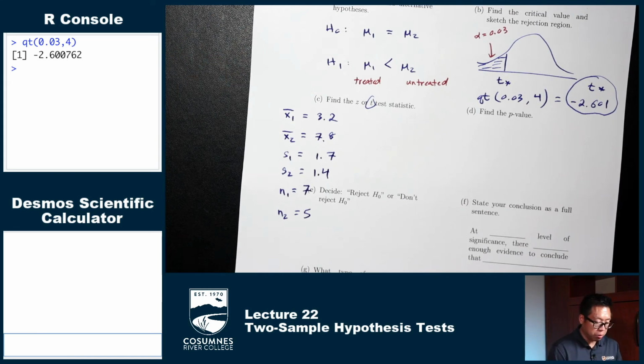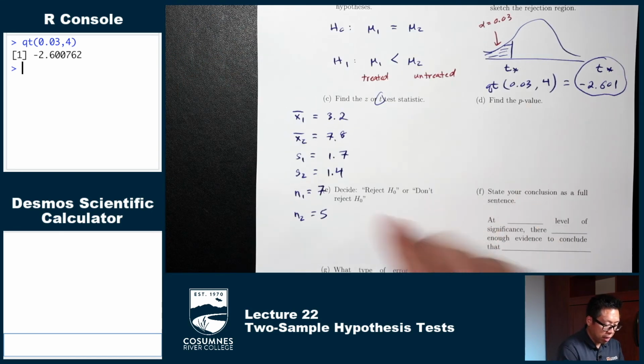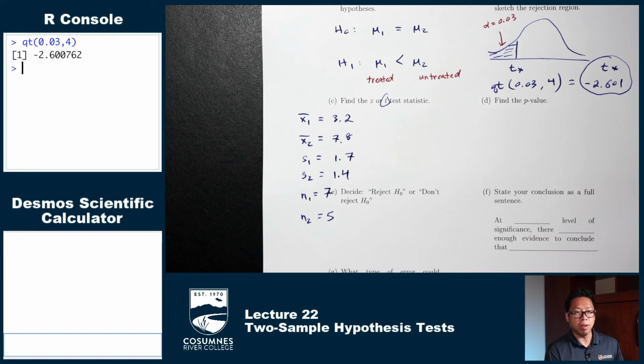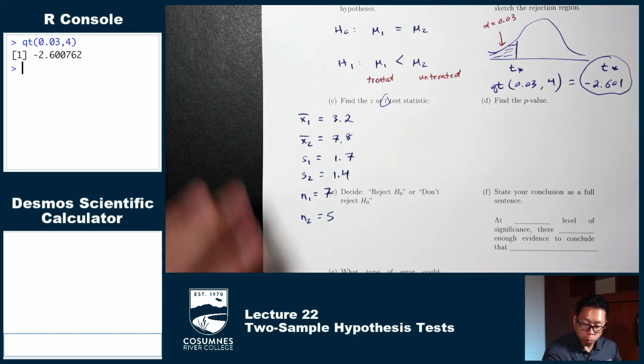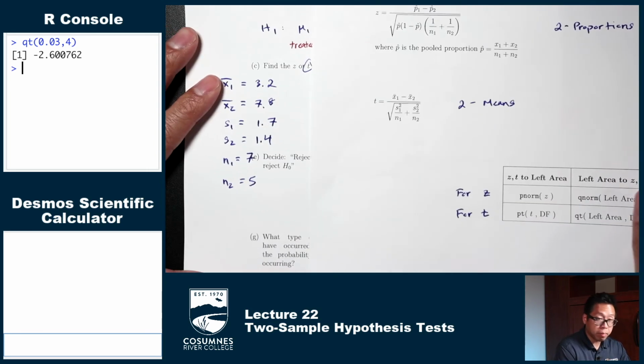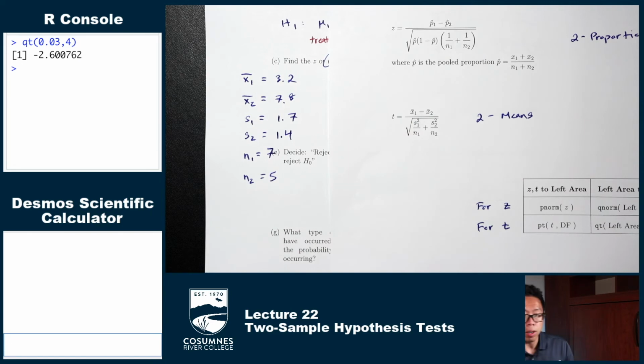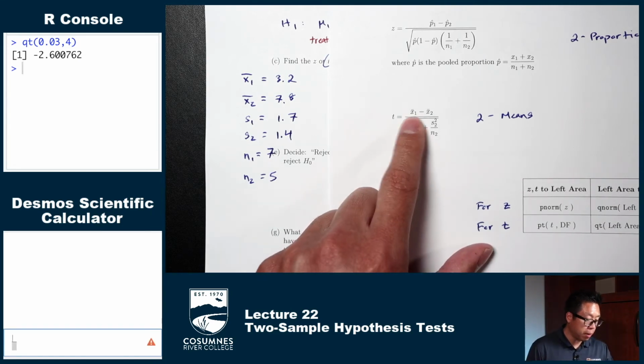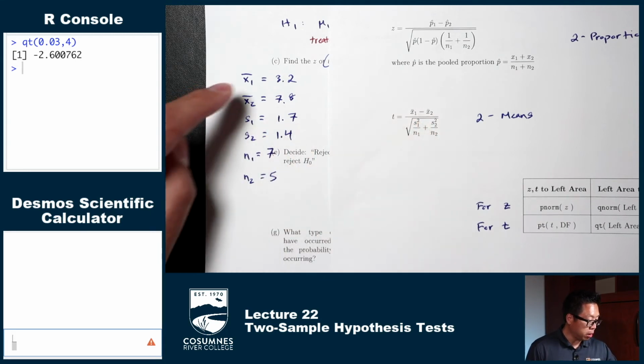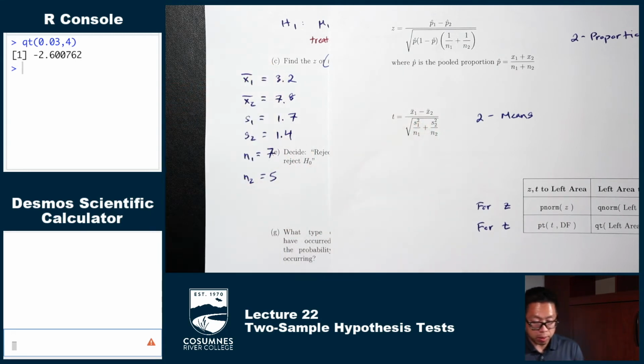That's why I said to label your ones and twos so that you have the right numbers. Okay, plug into the formula. On a calculator, fraction up top, x1 bar minus x2 bar. That's going to be 3.2 minus 7.8.